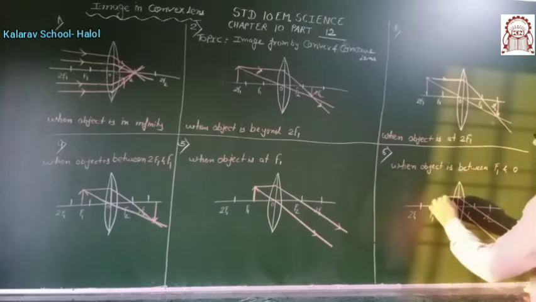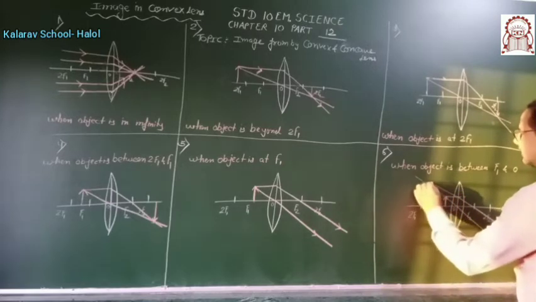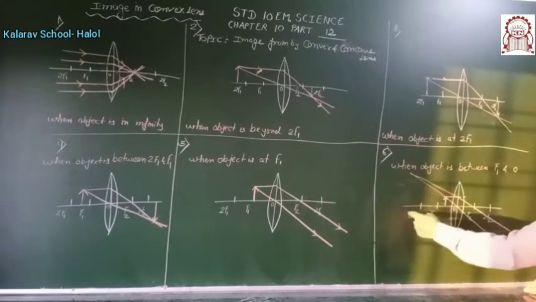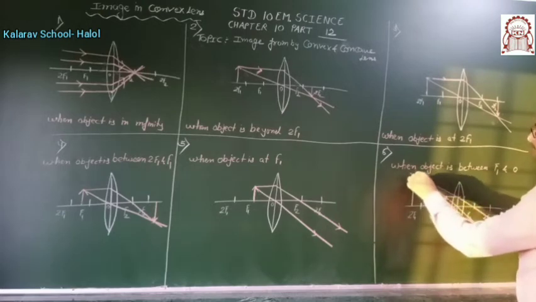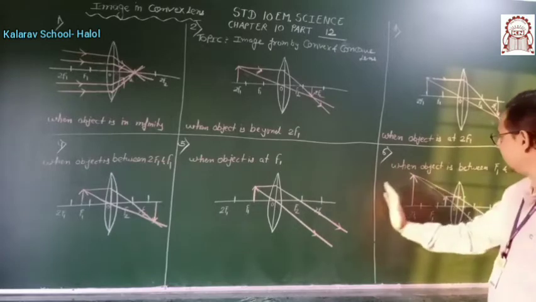If you extend them on the other side, they will meet beyond 2f on this side, and when you draw it, the image will be formed on the same side of the lens.